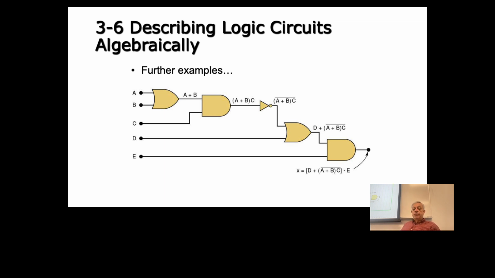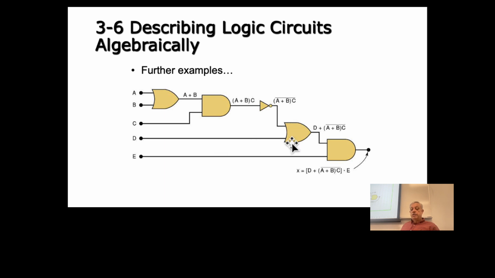Another example, same thing. What is the output? I've got A or B, so this is A or B. A or B and C. Notice the combining with an AND, but keeping the A or B as the input separate from the C. Now I'm going to invert it. So now I've got A or B and C, the whole thing inverted, and that goes into an OR gate.